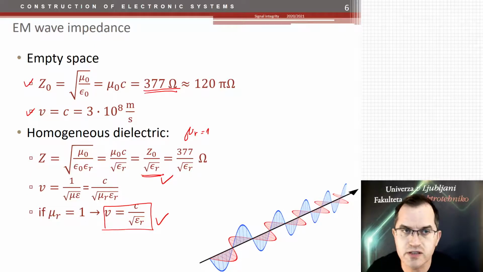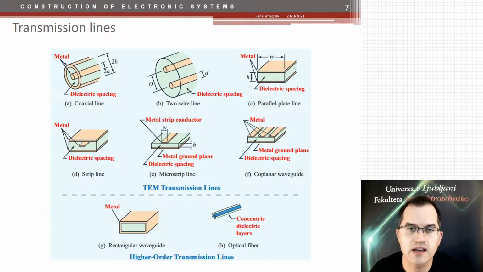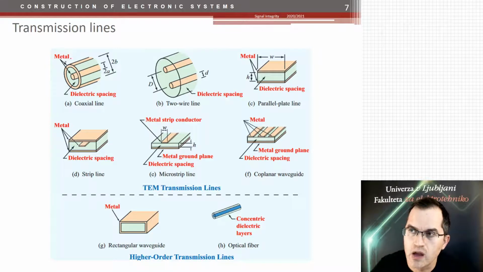What are the transmission lines then? Well, transmission lines can be of several shapes. You can have a coaxial line, you can have a two-wire line, you could have just a parallel plate line like here. And on PCBs we usually have so-called strip lines, microstrip lines, and other forms such as coplanar waveguides.